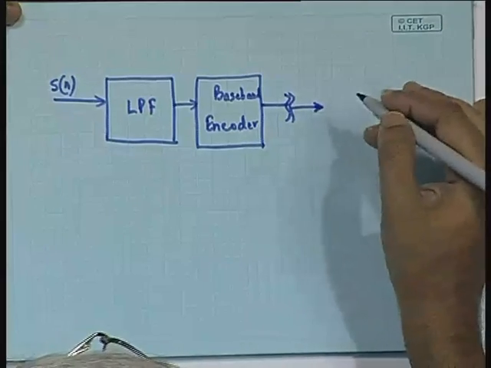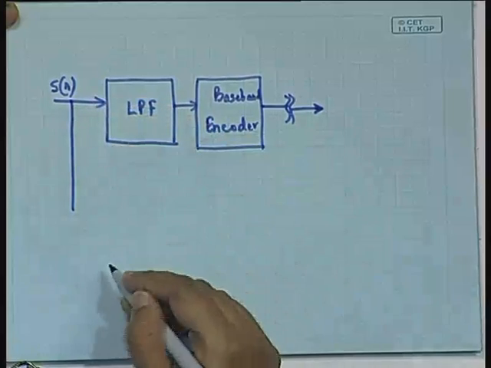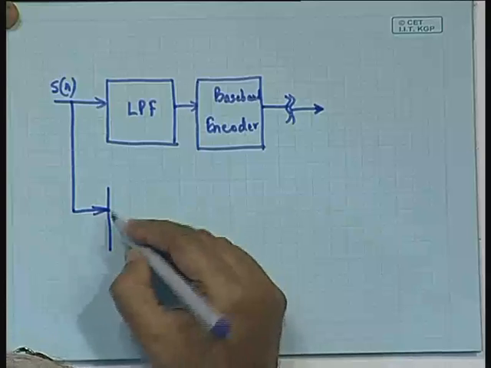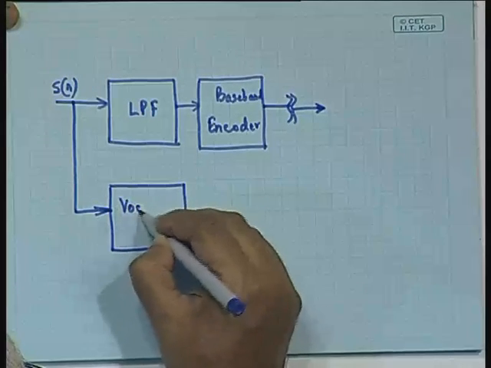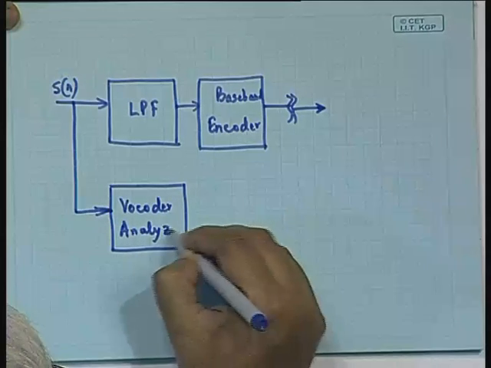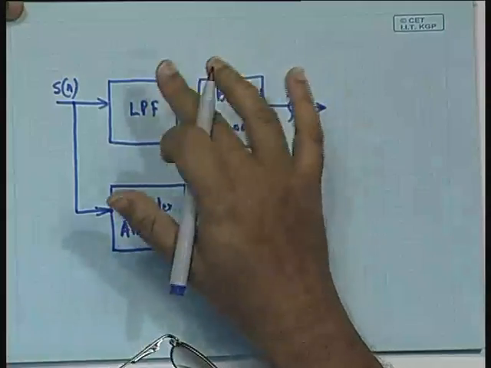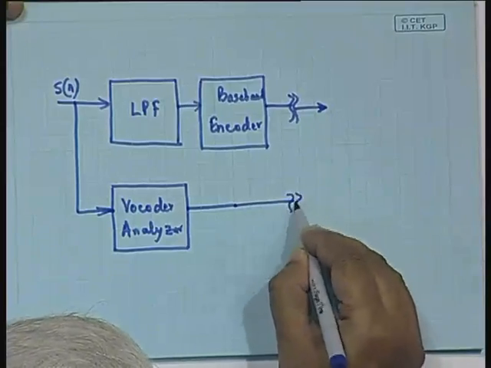We will come to the other things later. In parallel, we have another channel, which we call the vocoder analyzer. The vocoder analyzer extracts the alpha 1 to alpha p's, and we do not have the pitch estimator, but instead it is the low pass filtered version of the voiced signal itself. So this also goes into the channel.